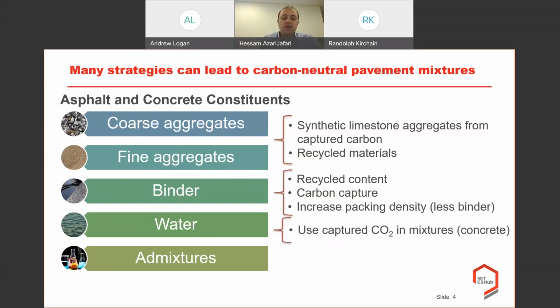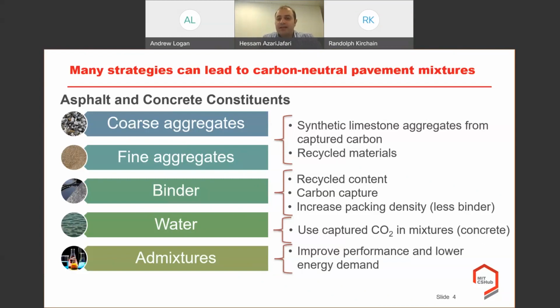Or the recent technologies that different researchers have been working on in the last 3-4 decades is about chemical admixtures to improve performance, or for example reduce the energy demand from warm mix asphalts, or increasing the mechanical properties of the concrete mixtures by incorporating superplasticizers and reducing the water cement ratio.